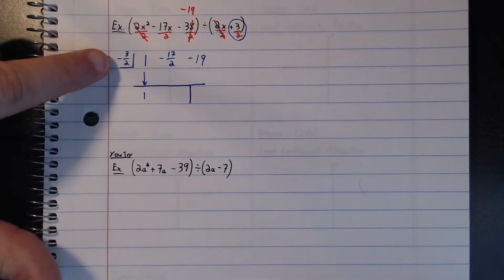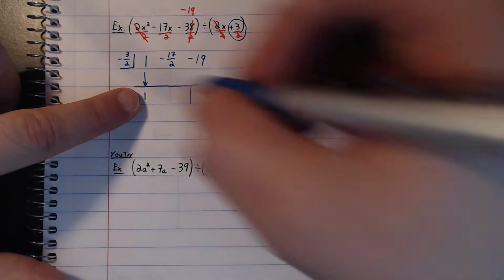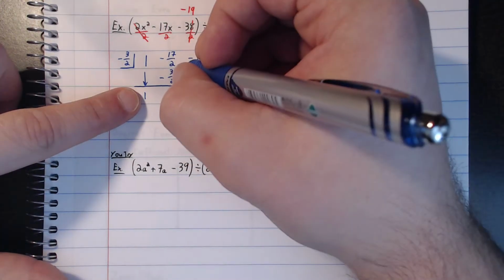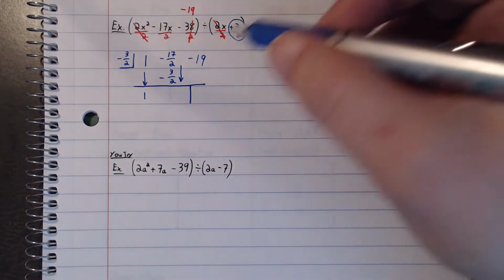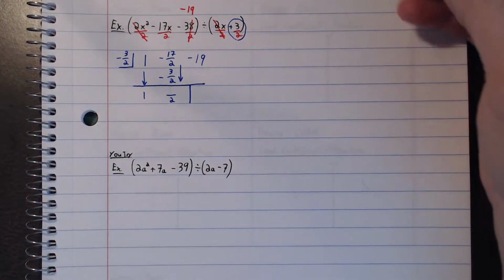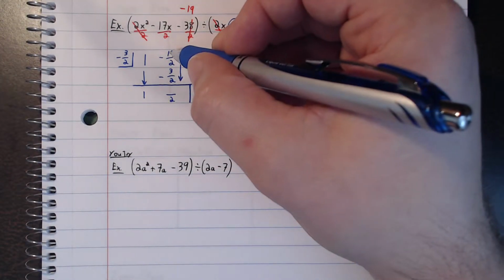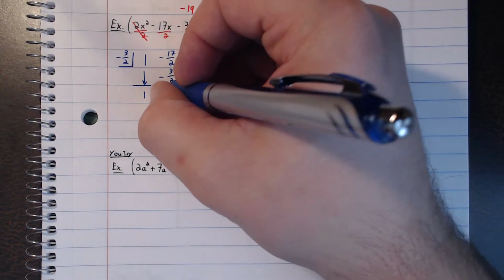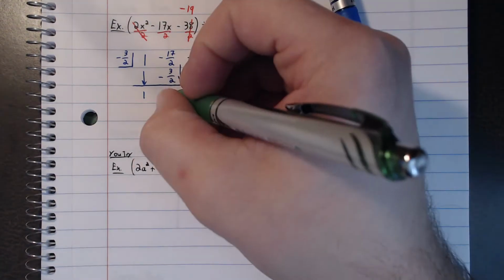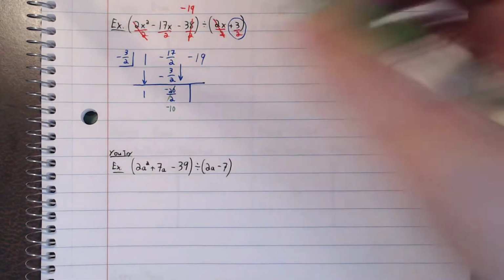Okay, we have negative 3 over 2 times 1. That's going to be negative 3 over 2. No big deal there. We need to add. Alright, well, when we add, my denominator stays the same. I'm going to combine my numerators. So negative 17 and negative 3, that's negative 20. Real quick, that reduces to negative 10.